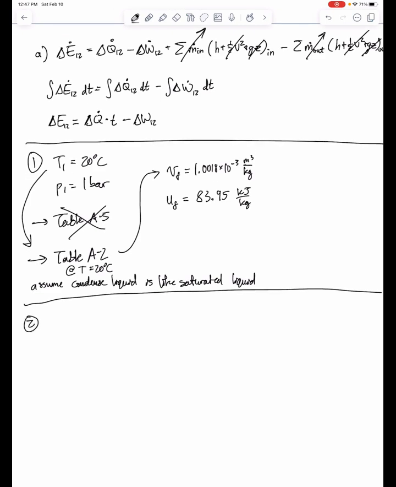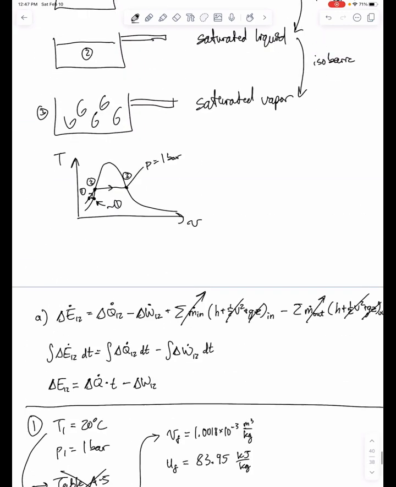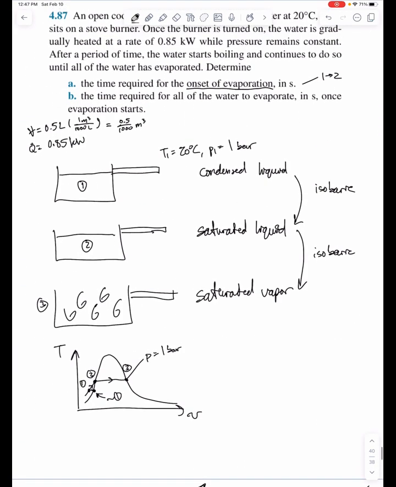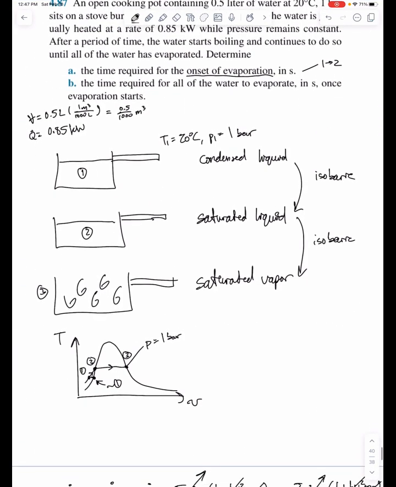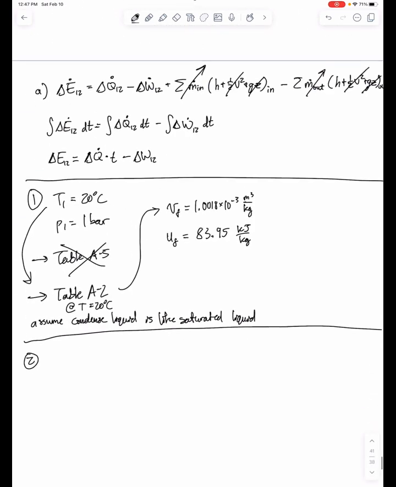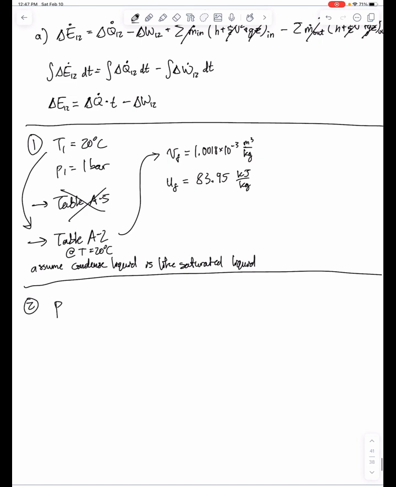State 2, we're now specifically told onset of evaporation, meaning that it is a saturated liquid. However, things have changed, because as in this picture, we move up. So the temperature we're given, we can't really use it. But we know it's constant pressure at 1 bar. So this term stays.